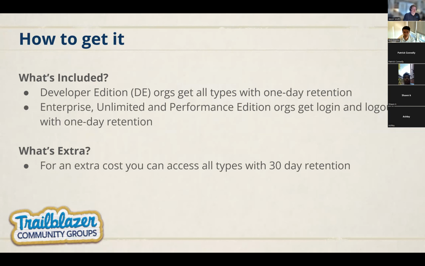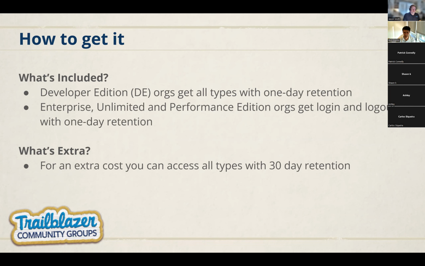The biggest caveat about it is how do you get it? If you're running a developer edition org, so you want to try out event monitoring, it's available for all the types with 1-day retention. So you can only get yesterday's logs. You cannot get any further back. If you're running the Enterprise, Unlimited or Performance Edition, you get log in and log out for free with 1-day retention. And then the rest, you have to pay an extra cost to get access to all the types.